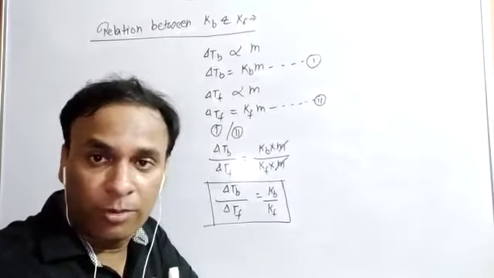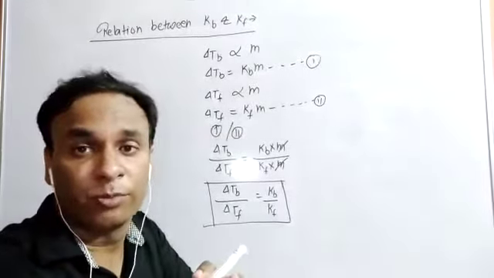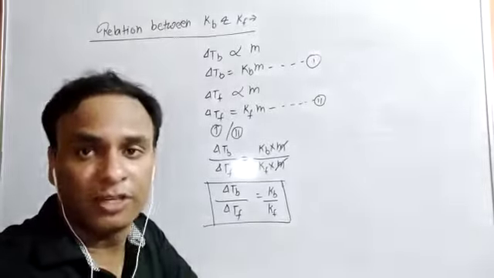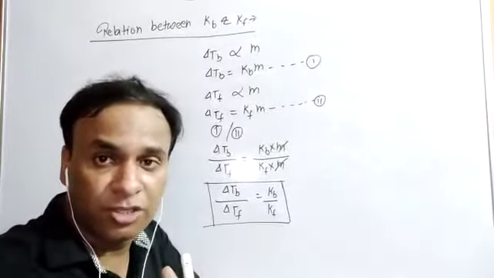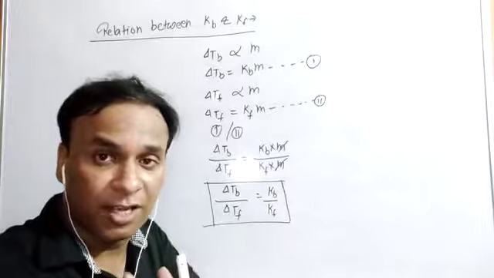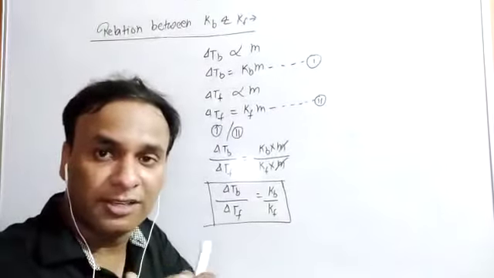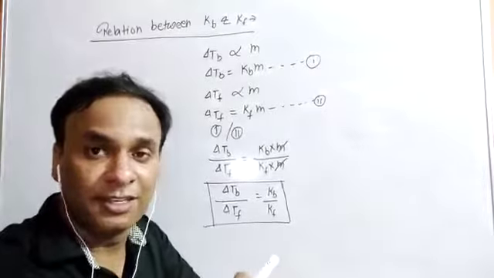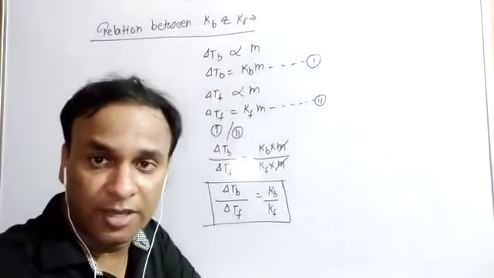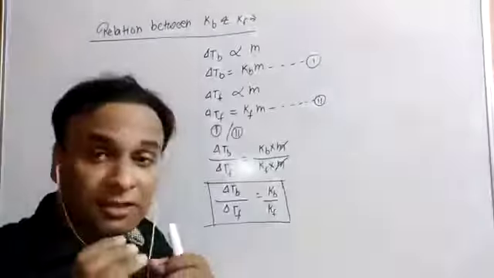What do we mean by abnormal colligative property? Abnormal colligative property is valid for those molecules whose dissociation or association takes place in aqueous solution. For example, sodium chloride. When sodium chloride is dissolved in aqueous solution, it gets ionized into sodium ion and chloride ion.